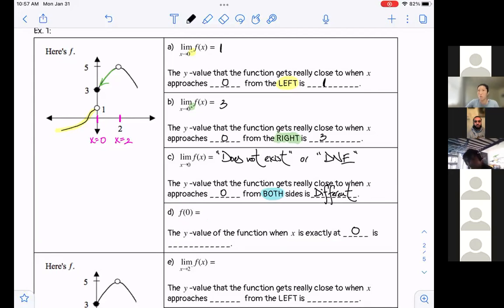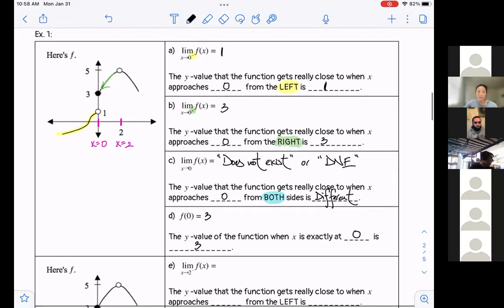What is the y value when x equals 0 for this particular picture? Bingo, right? Turns out that's where that filled in circle is. That's where the filled in dot is. So that is how we know what the actual y value is, all right?